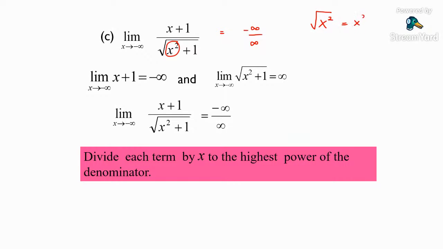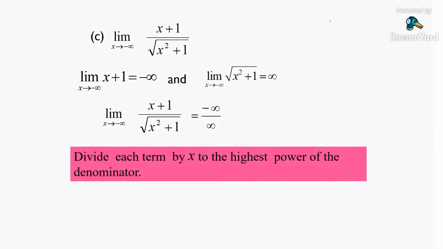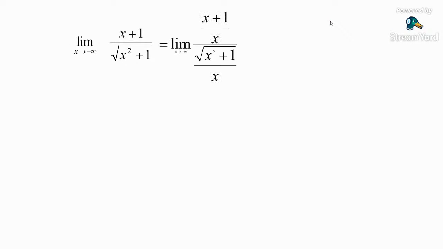So this is x squared to the power of half, which means this is simply x. So the highest power of the denominator is x. It is not x squared, because we must apply the square root first. Okay, so divide everything by x.